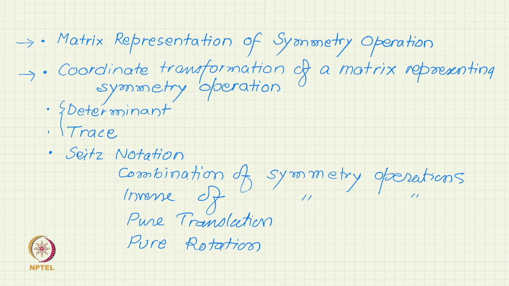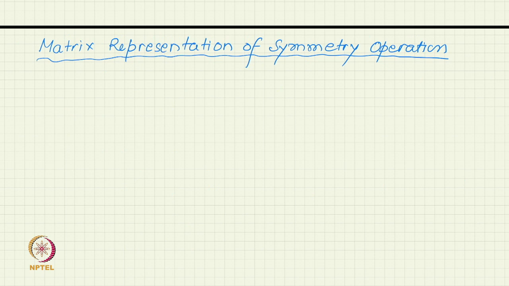So, we will begin with the matrix representation of the symmetry operations. As I told you, you are now familiar with the so-called coordinate transformation. In the coordinate transformation there was a vector.